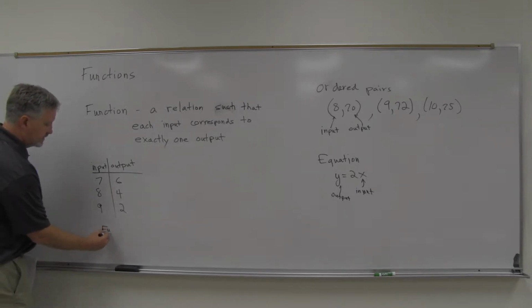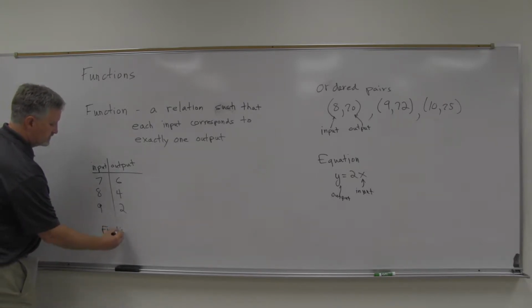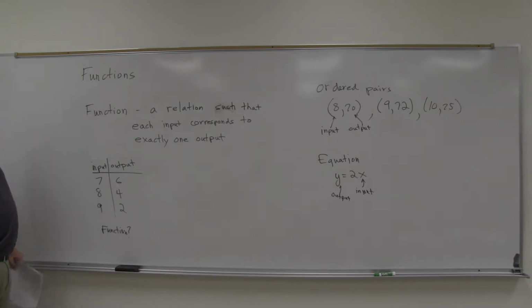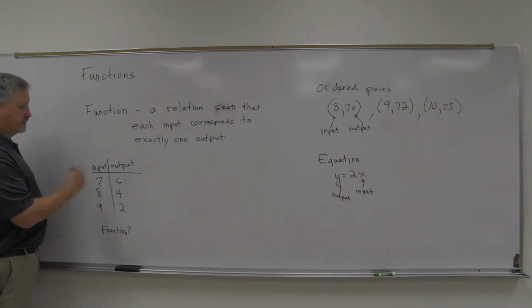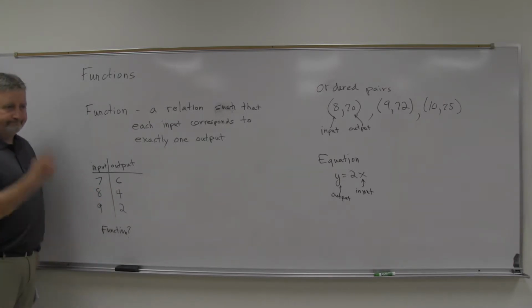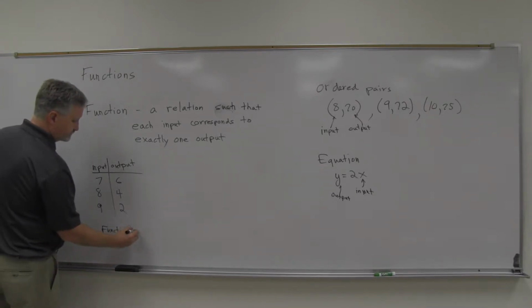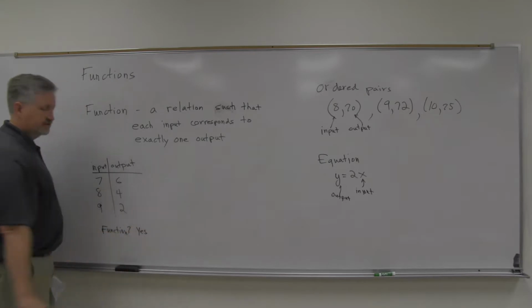So the question here is, it's a relation, but is that a function? Well, to be a function, each input corresponds to one output. The good news here is I've got 7 going to 6, 8 going to 4, 9 going to 2. So each input corresponds to exactly one, only one output. So yes, that one is a function, right?